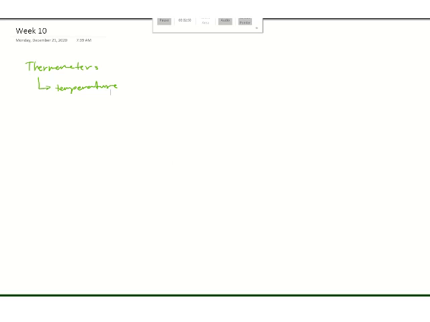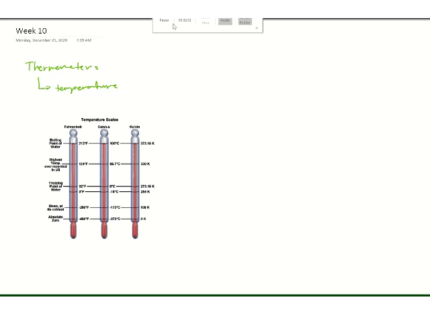Let's see how this measurement is utilized. Here we have three different sets of thermometer. The purpose of showing you this figure is to show how this scale gives us a different value, but we can have a relative value for it, so that we know how it works and how we can convert from one to another.